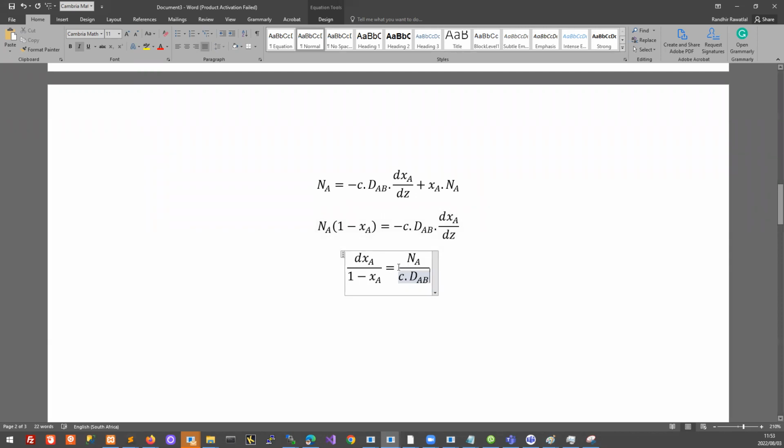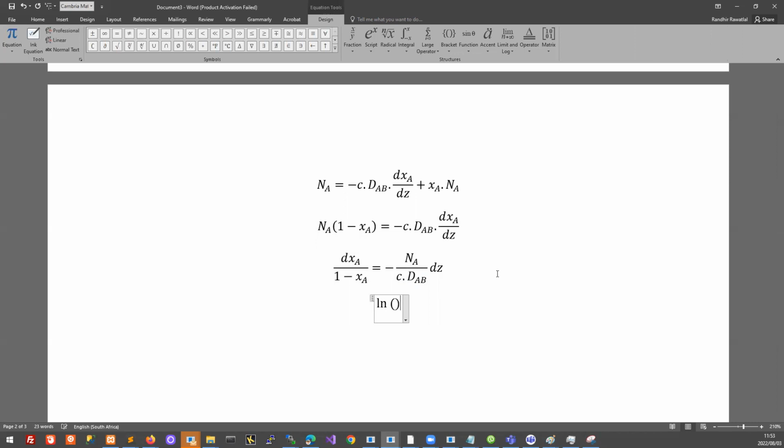Okay, and there's a minus sign somewhere. And now we can also integrate this; both sides are missing a dz, so dz. And if we integrate both sides, then we're going to get here ln, the natural log of 1 minus x_A.